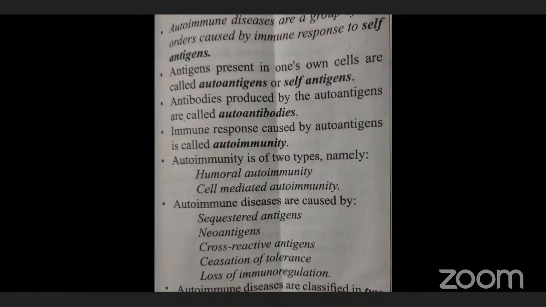The next, cross-reactive autoantigens, also cause autoimmune diseases. A cross-reactive antigen is a foreign antigen which structurally resembles the body antigens. Keep it in your mind. You may ask one question here: you said only self-antigens make autoimmune diseases, so how can foreign antigens cause them? The foreign antigens are structurally similar to the self-antigens, I mean the body antigens.